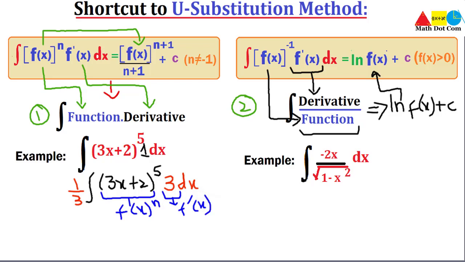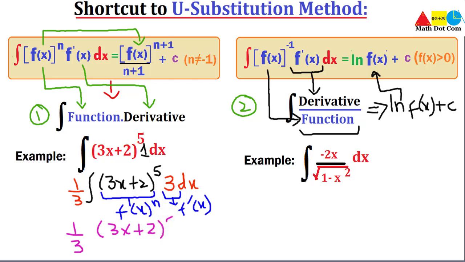Now we'll write its answer. 1 by 3 will be as it is, but as we have seen in the formula, we just need to add 1 to the power and divide by the same. We will do the same here. The actual function is 3x plus 2 and its power is 5.